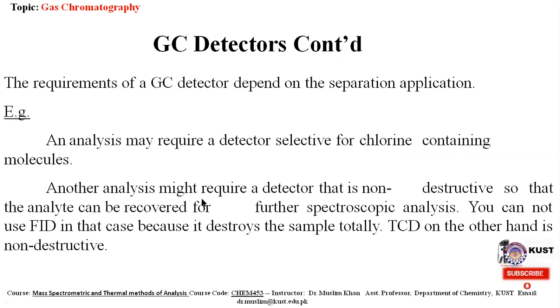Another analysis might require a detector that is non-destructive so that the analyte can be recovered for further spectroscopic analysis. You can't use flame ionization detector in that case because it destroys the sample totally. TCD, on the other hand, is a non-destructive detector.